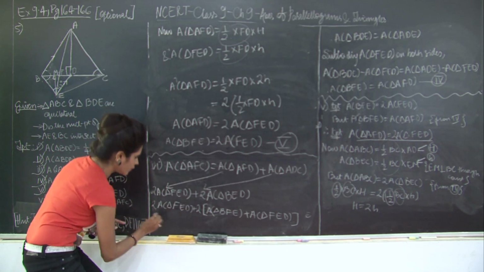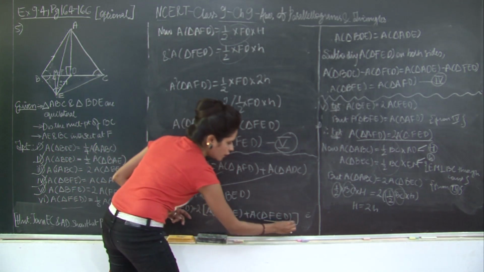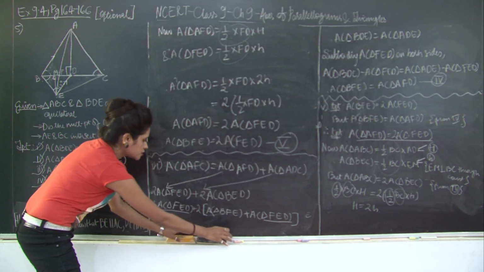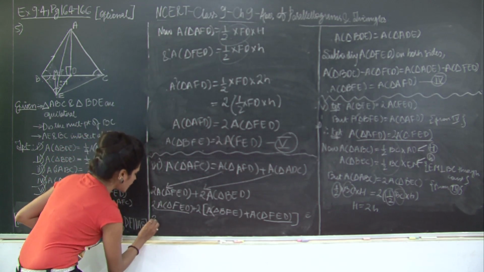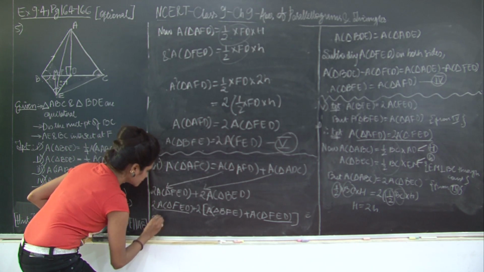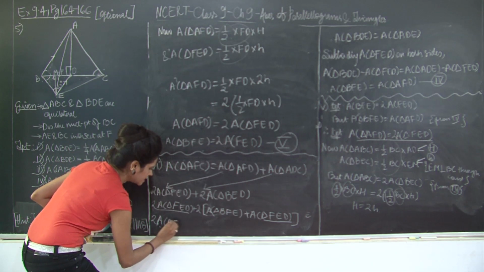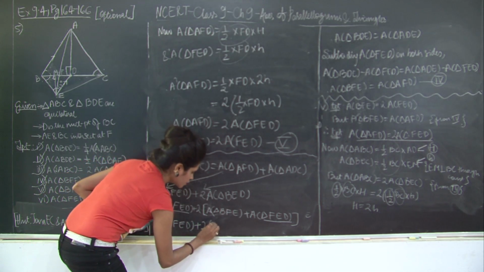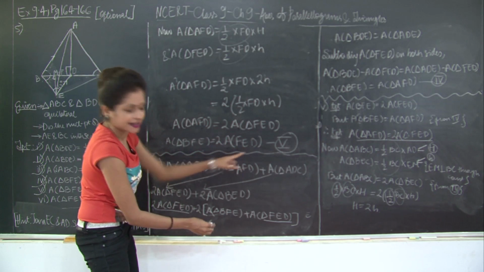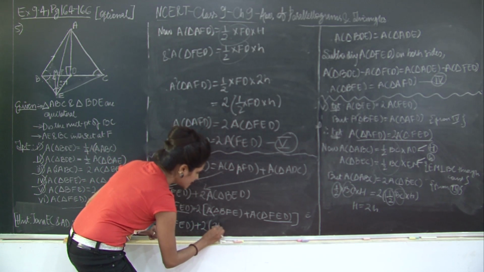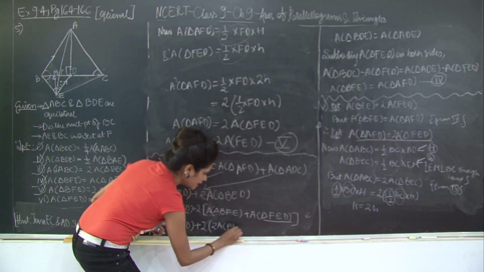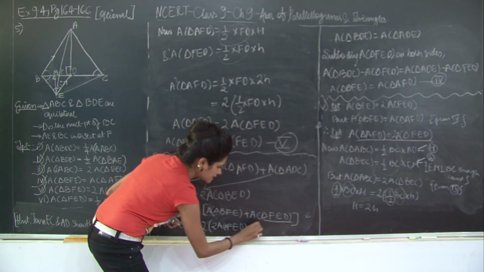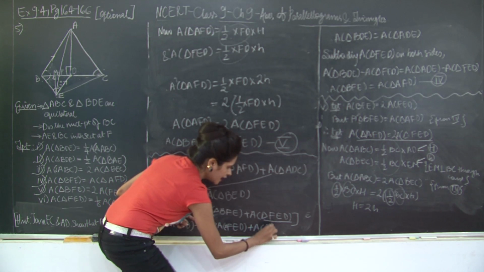So we will write for BFE. Now this part will also be untouched along with this part because we have come to FED. So I am going to say twice area of triangle FED plus twice into, see BFE is twice area of FED, so I am going to say twice area of FED, plus area of triangle FED.